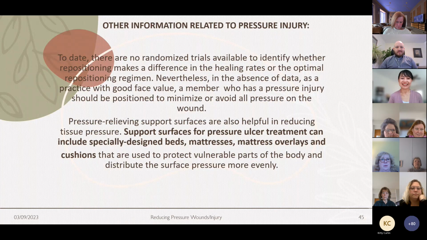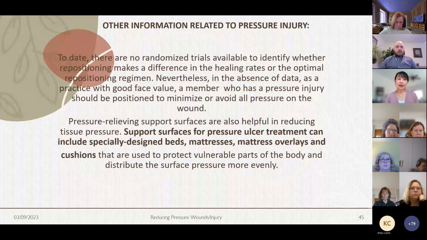So, other information related to pressure injuries. This is just additional information, but it is important. To date, there are no randomized trials available to identify whether repositioning makes a difference in healing rates or the optimal repositioning regimen.